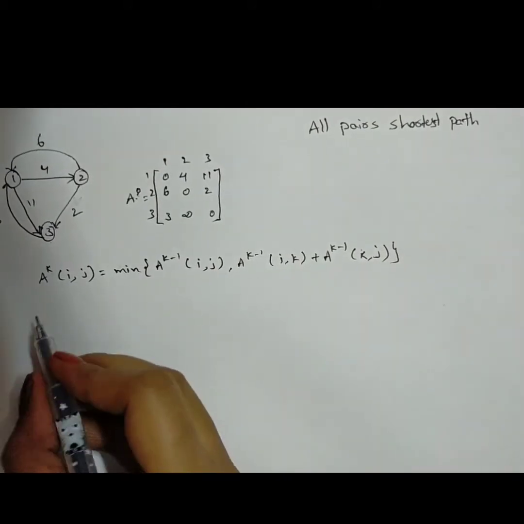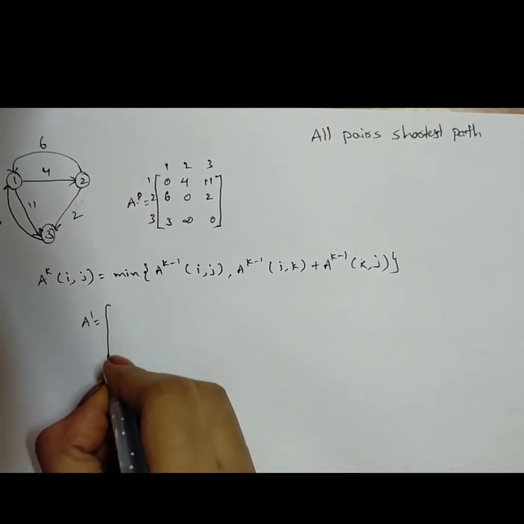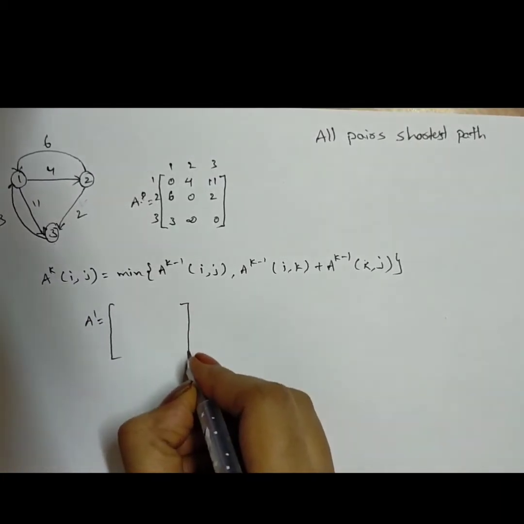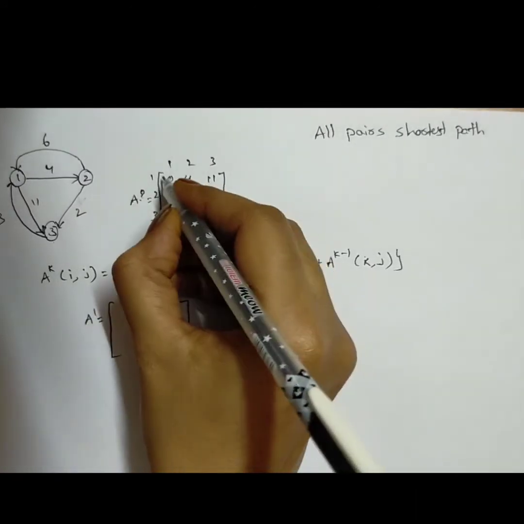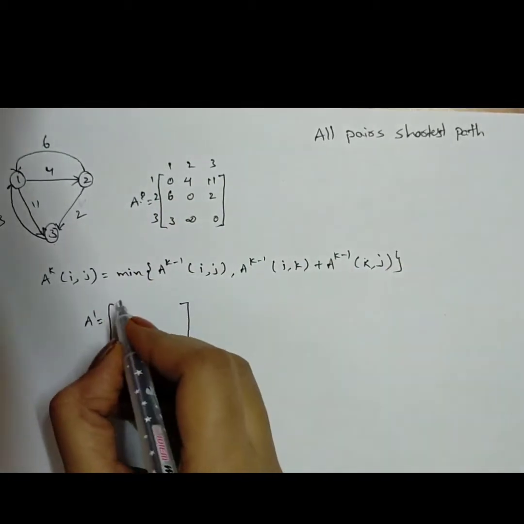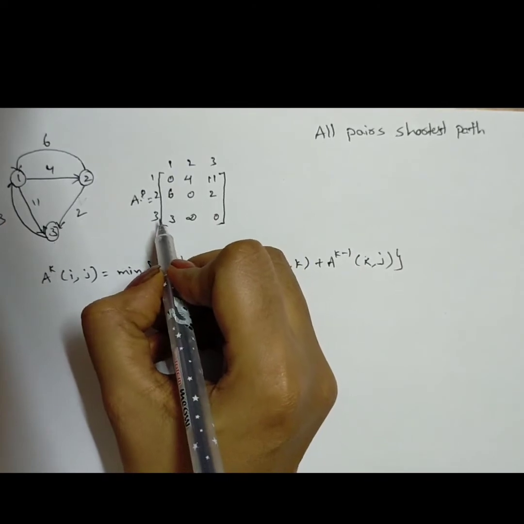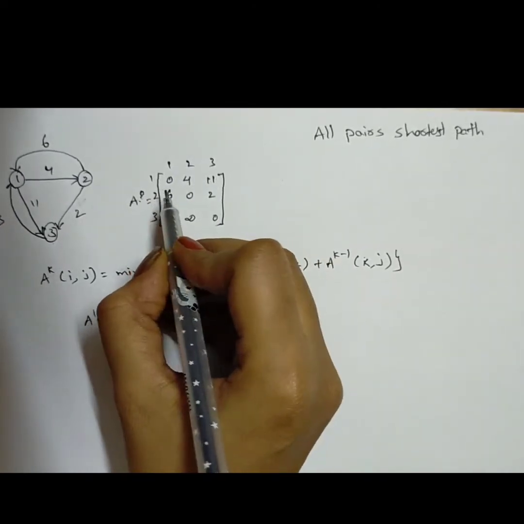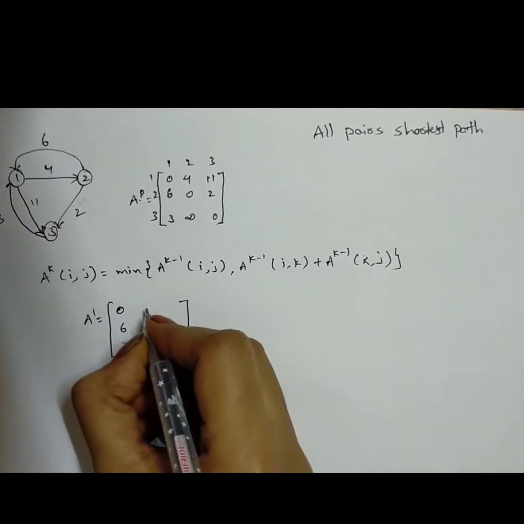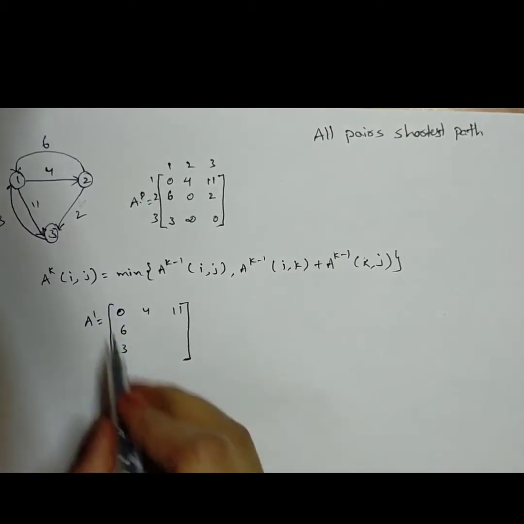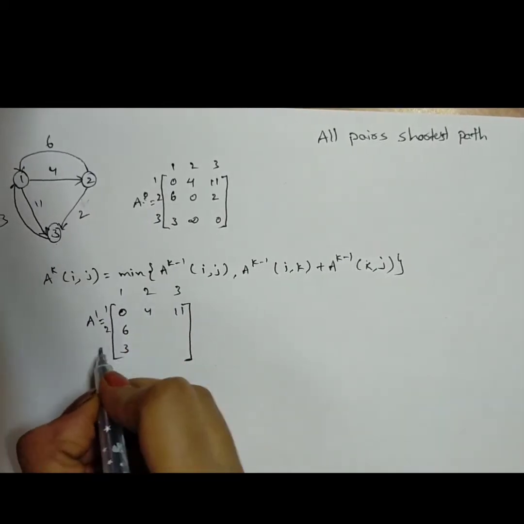First, for finding the A1 matrix, we are finding the shortest distance for vertex 1. As we are finding it for vertex 1, the values related to vertex 1 will remain unchanged, so we note the values as they are.